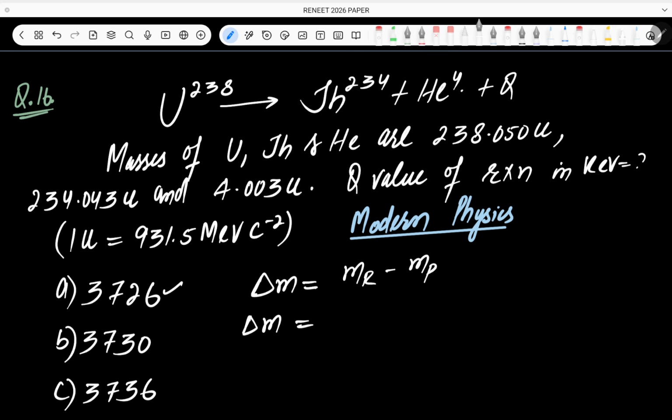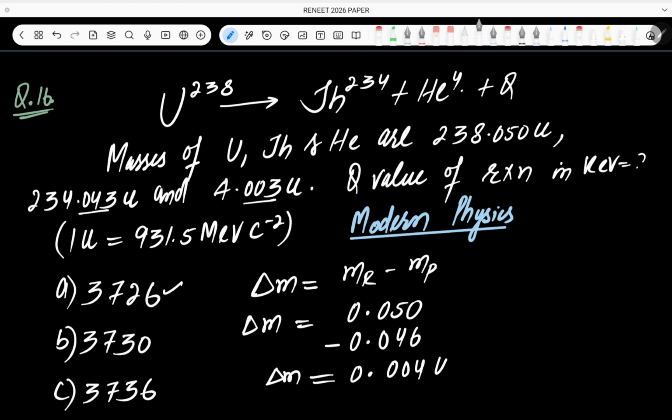I will write it like this: 0.050 minus the mass of this plus this, 0.043 plus 0.003, so it will come out to be 0.046, which will be exactly equal to 0.004. So this is delta M in atomic mass units.